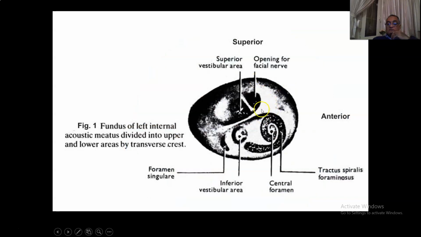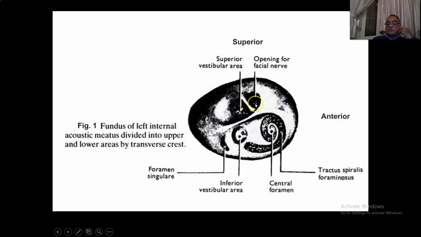This is a more detailed view, a real view. This is anterior and this is posterior. The facial nerve, the seventh, is in the anterior upper part of the internal auditory canal and is separated by Bill's bar from the superior vestibular nerve.